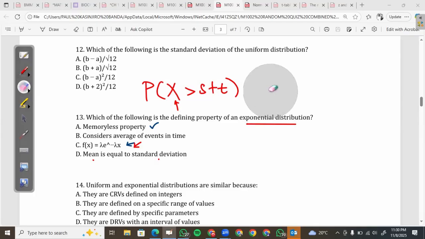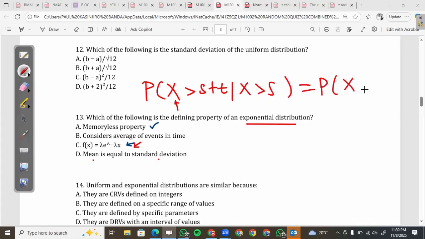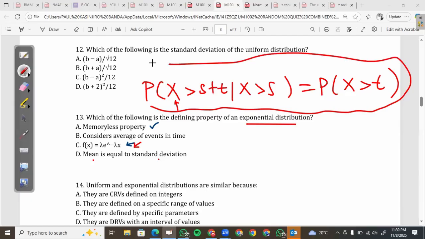given that, I'm supposed to put given here, not now. So the probability that the waiting time X has exceeded S plus T, given that X has already exceeded S, is the same as the probability that X has exceeded T. So in case they ask you to state the formula, you state this one here.